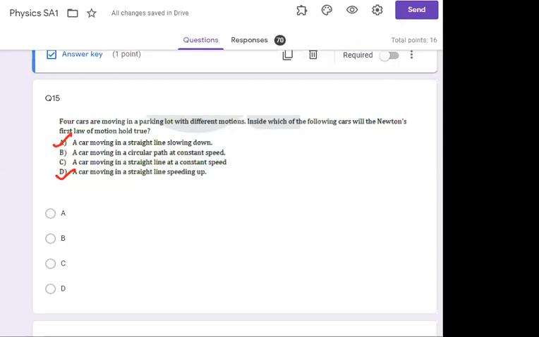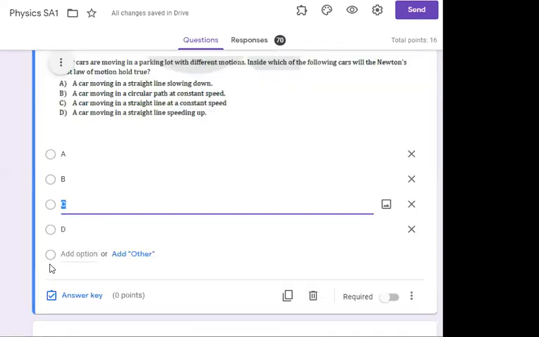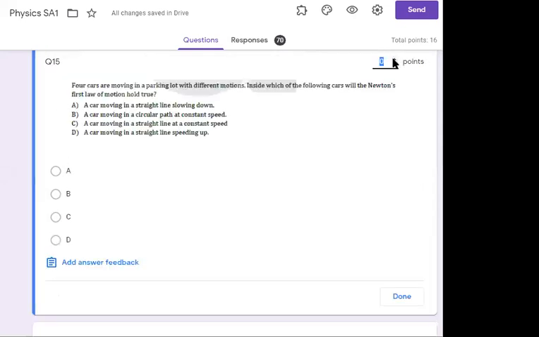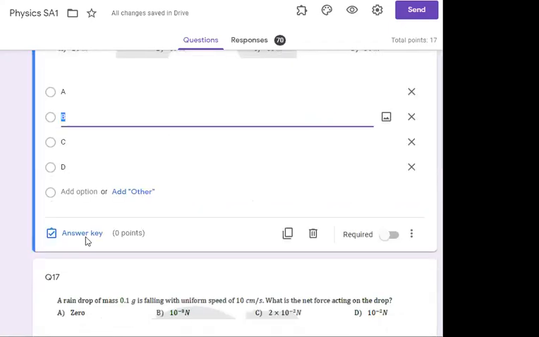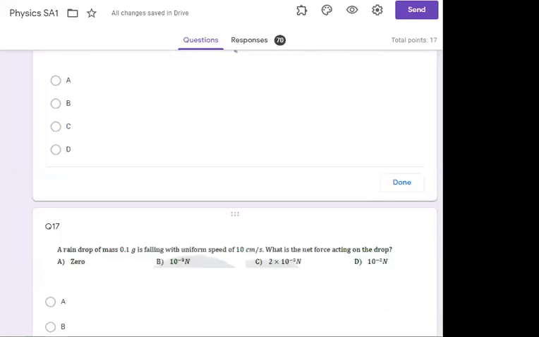Got it? So the answer is C, because in this case, no external force is applied.